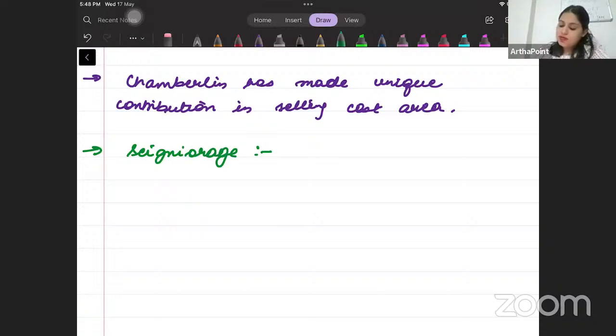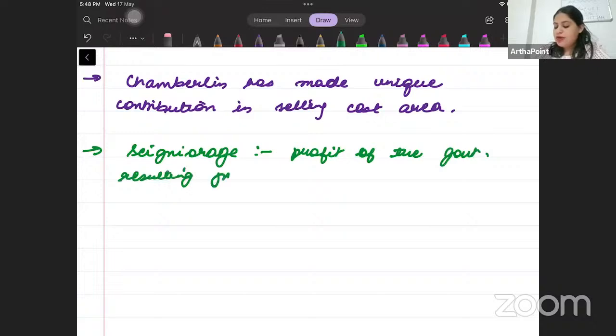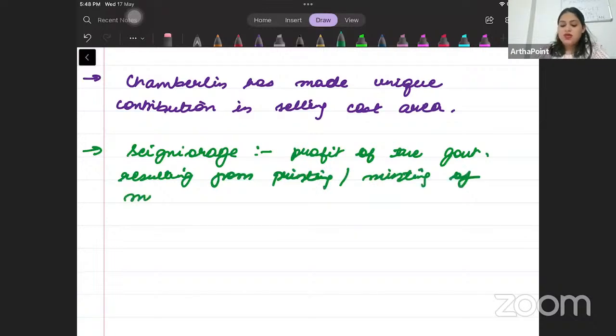So please write down profit of the government resulting from printing or minting of money. That is called seigniorage.